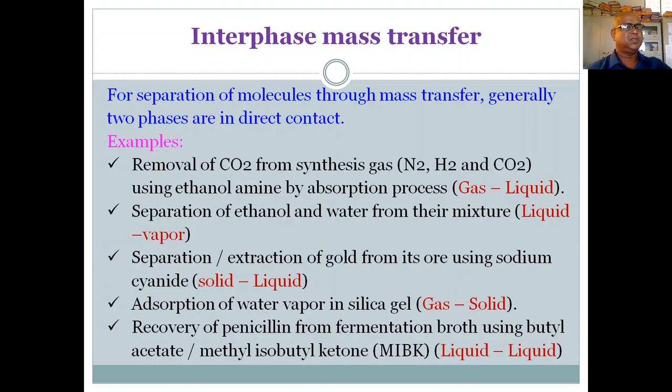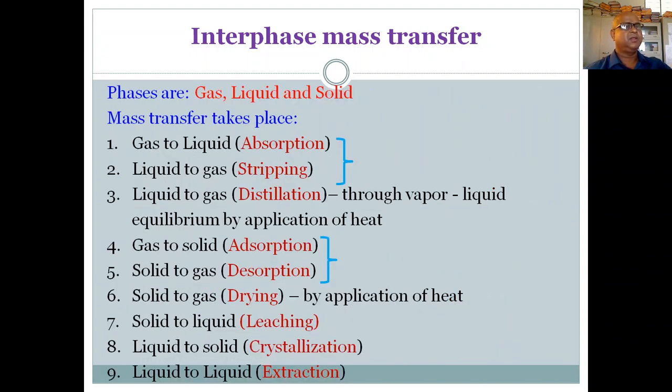All separation processes involve two phases, and the phases are gas, liquid, solid. Absorption is gas to liquid, stripping is liquid to gas, then distillation uses vapor-liquid equilibrium, adsorption is gas to solid, desorption is solid to gas, then drying is solid to gas, leaching is solid to liquid, crystallization is liquid to solid, and extraction is liquid to liquid.